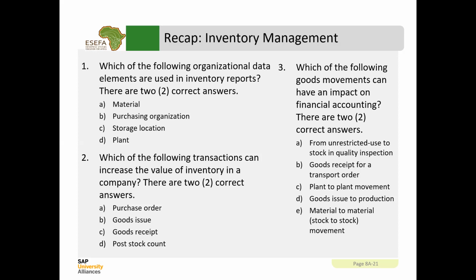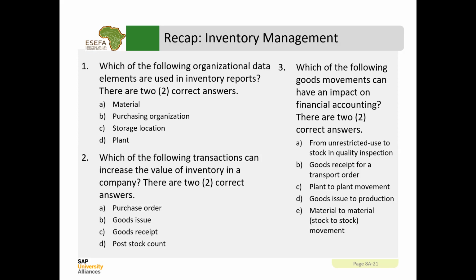Now, let me go back to my option A. From unrestricted use to stock in quality means that stock in quality are values, they are assets. This stock was an asset in unrestricted use, but it has not yet been cleared by inspection. If these products are declared to be faulty or defective, or in some destructive testing, these goods can be destroyed.